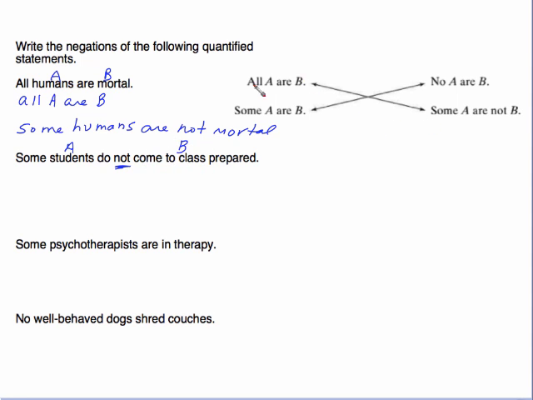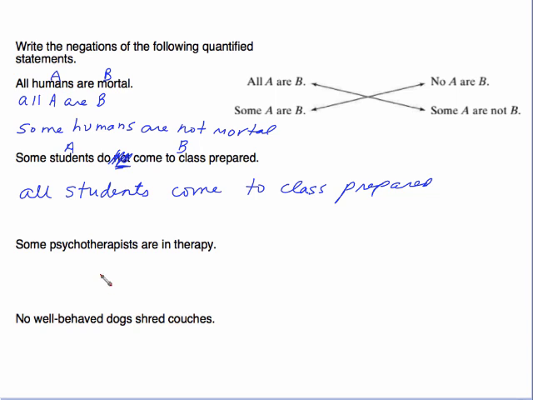So the negation is all students come to class prepared. Notice in this format we had the not, so I'm taking the not out because there is no not up here, and that leaves me with all students come to class prepared.